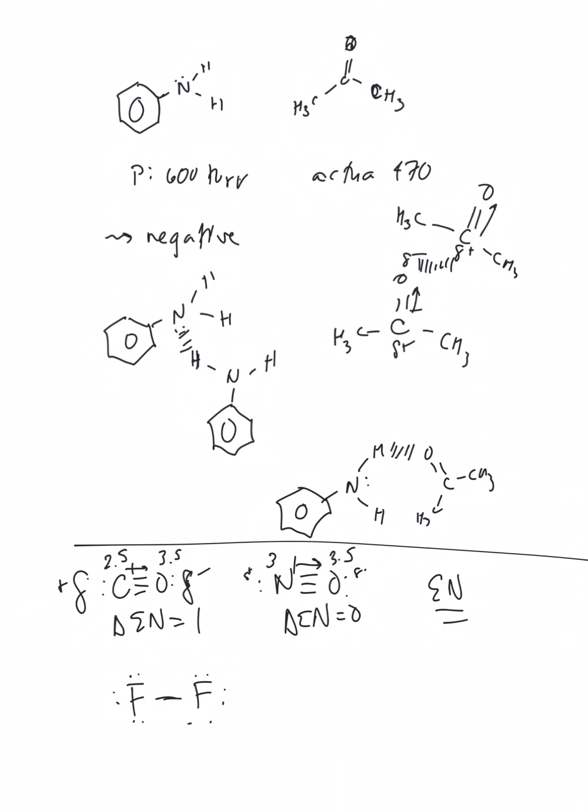For instance, fluorine is the most electronegative atom, with a Pauling electronegativity value of 4. You could say, wow, that's really electronegative, but this bond has a delta EN of 0 because they're the same electronegativity. So this molecule is nonpolar, even though the individual fluorine atoms are super electronegative.